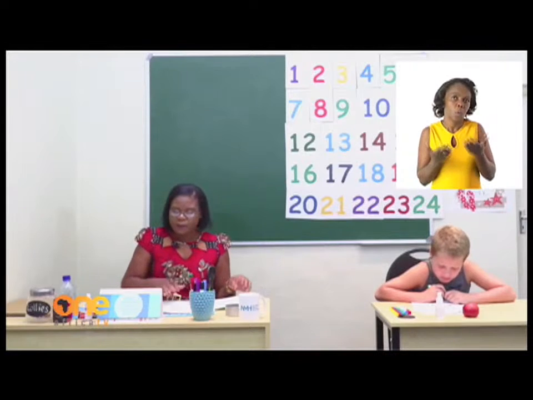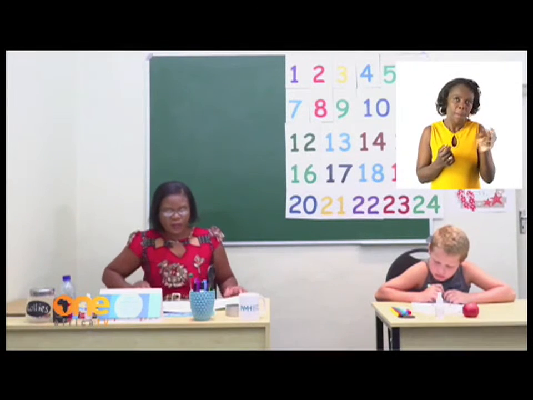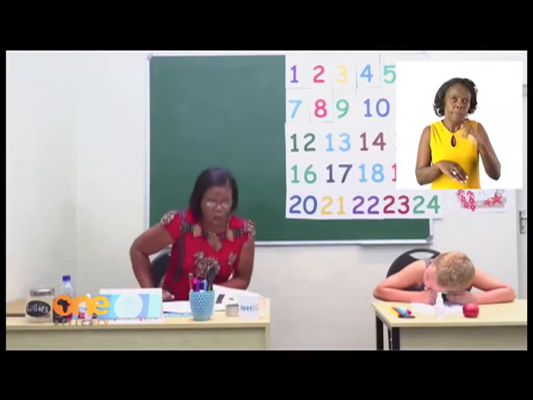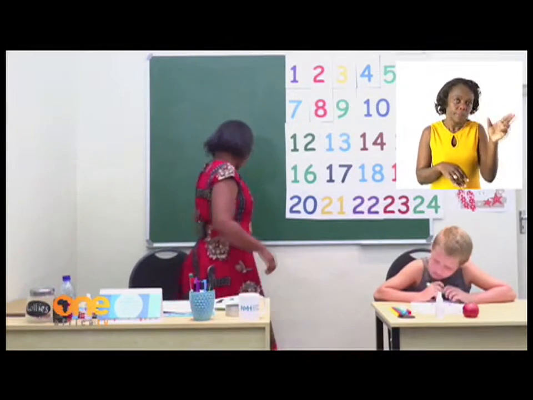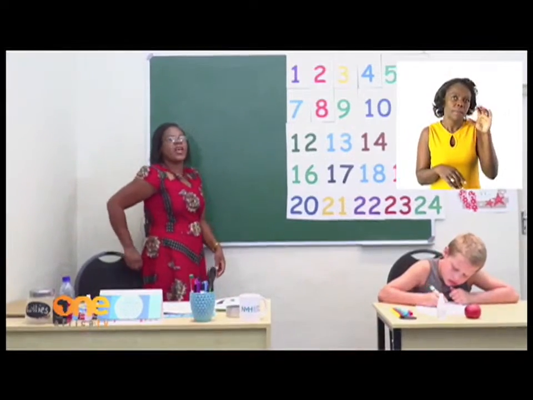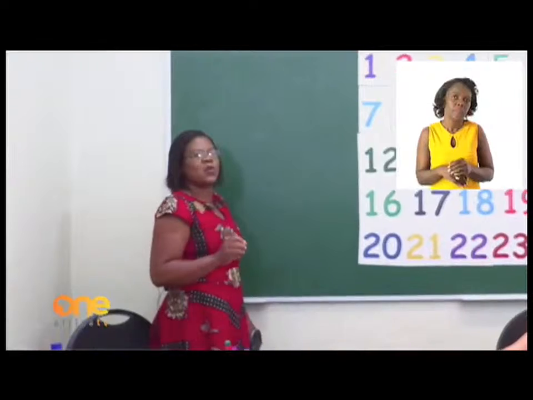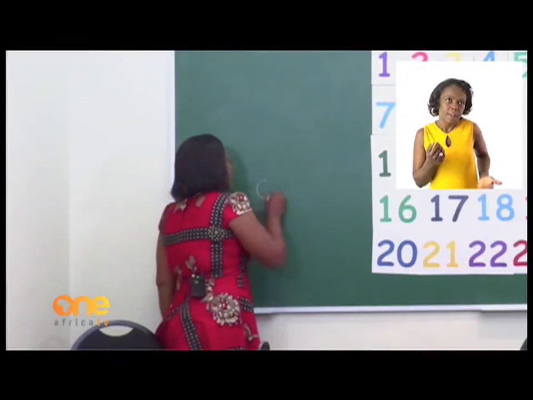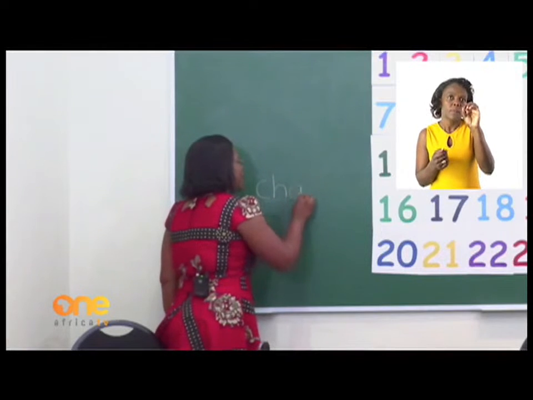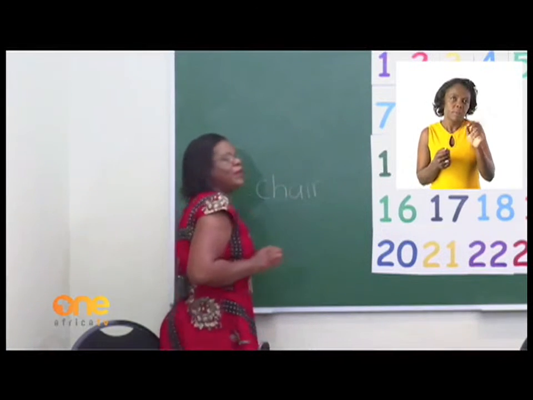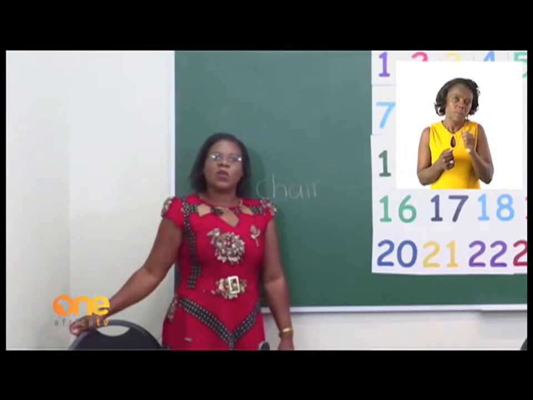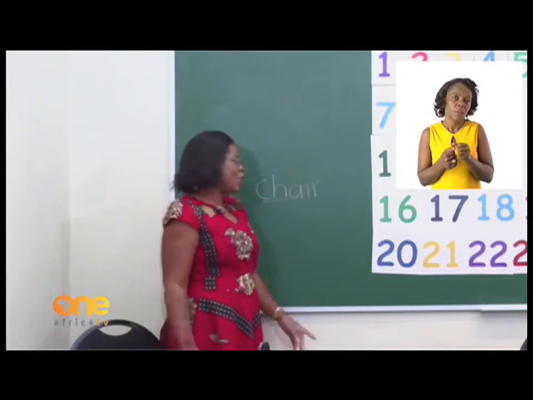Alright. So I'm going to start with giving you the examples of a ch. What word can have a ch? The easiest one is the chair where you always sit when you are at school. A chair, we write it like that. It's a ch. And it can also come at the end of a word.